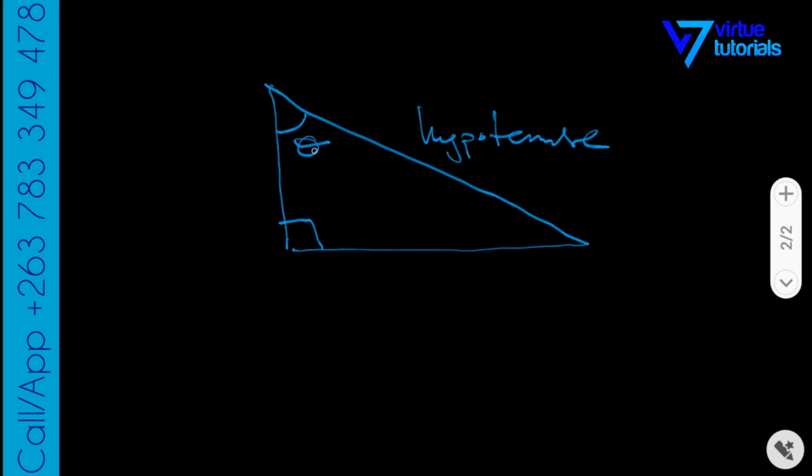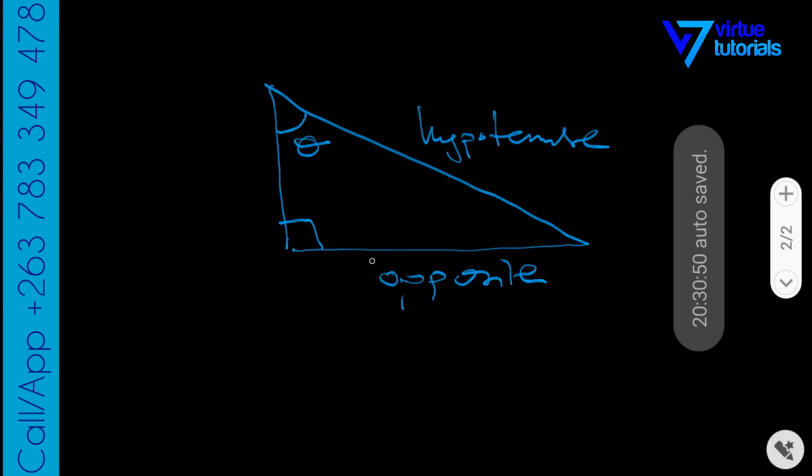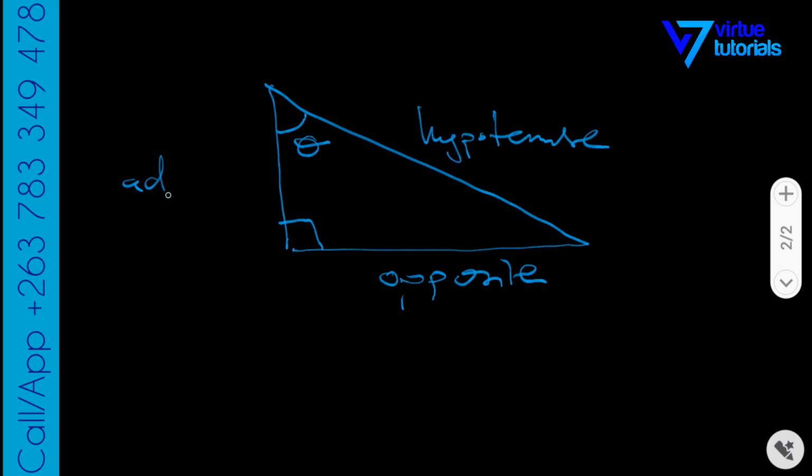Now this side is the one that's opposite theta, so we call this one the opposite. And this one is now next to theta, so we call this the adjacent side to theta.